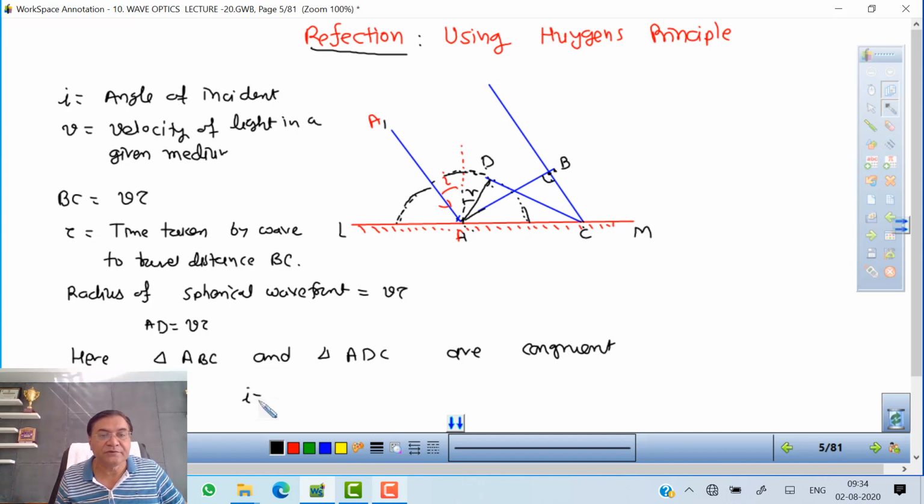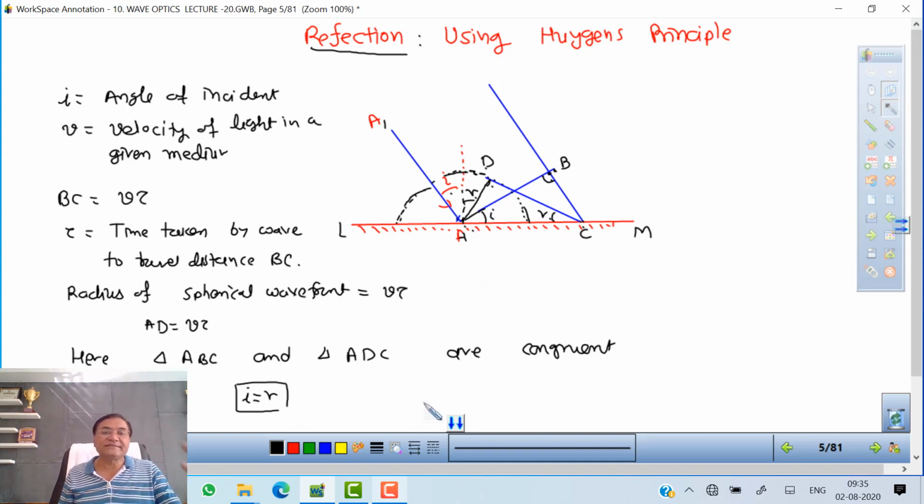Therefore I is equal to R. We can prove it. If this is I, this is I, this is R, then I can call this R. Here it is R, so this is also R, here it is I, so here it is I. Understood? Geometry is nothing more than that.